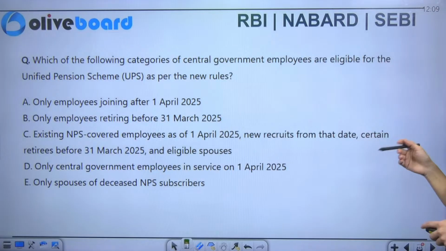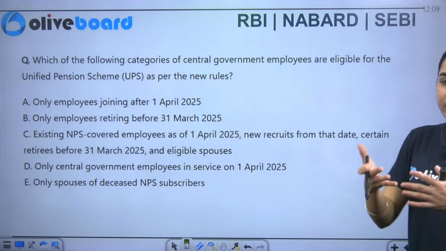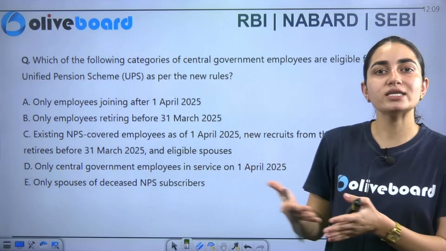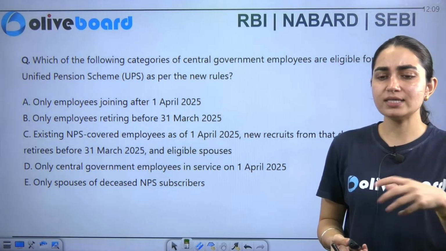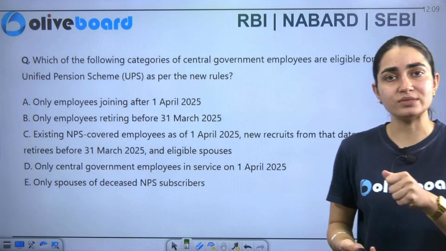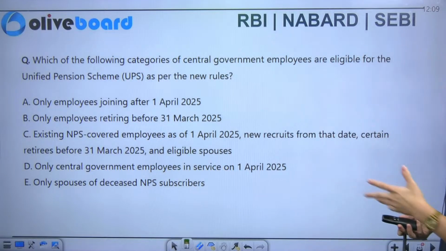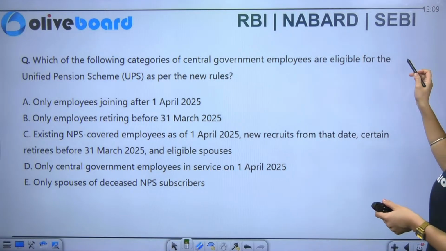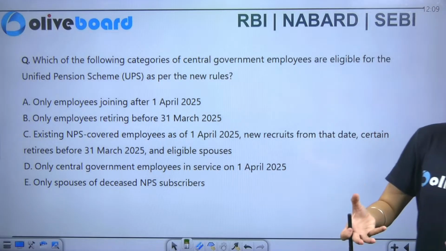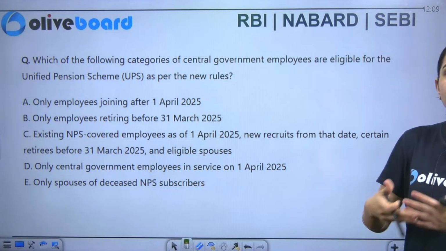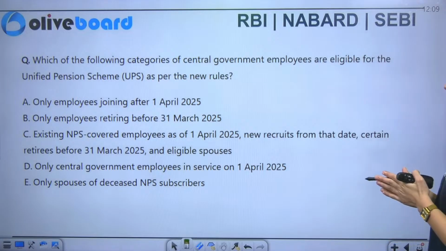Okay, so now what has the government tried basically to make it very equivalent to NPS? They have tried that most of the people should get benefit of the UPS. Along with that, they should get enrolled themselves in the UPS also, because before that many questions were raised by many people that this is not a kind of scheme which is benefiting many. So government has tried to make it more equivalent to NPS now.